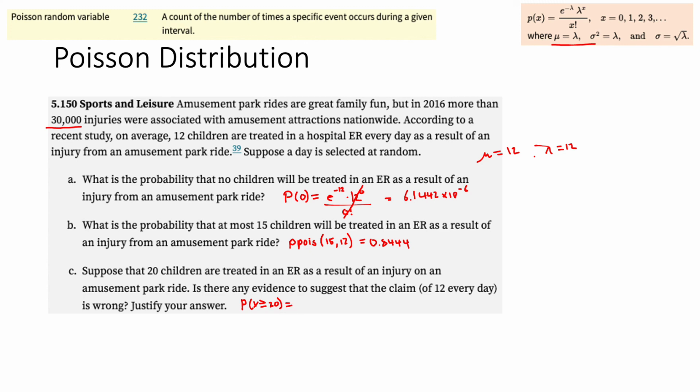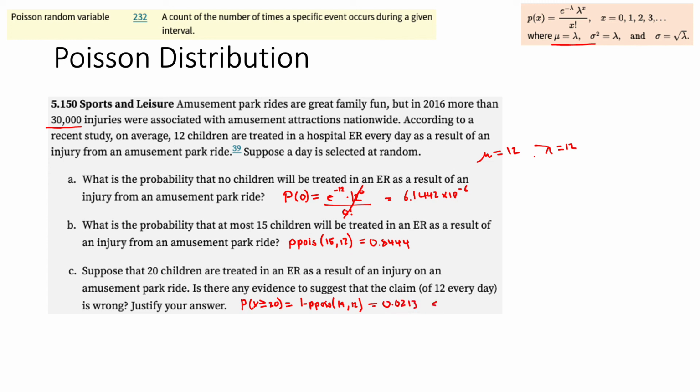And in order to do that, we're going to do 1 minus this command here. We're going to find the flip side of 19 and below, which should give us 20 and above. And we find that this is equal to 0.0213.